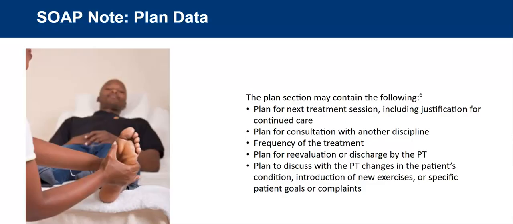Or it could be something like next session, attempt stand pivot transfer versus a lateral transfer because patient improved on lateral transfer this session. So it can be something that we want them to work on for the following session.